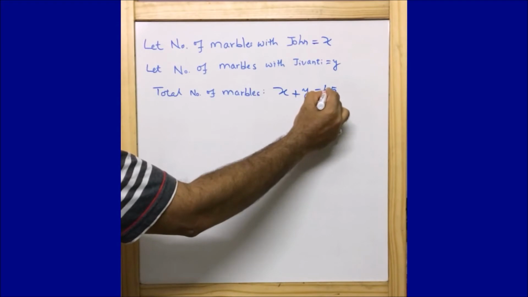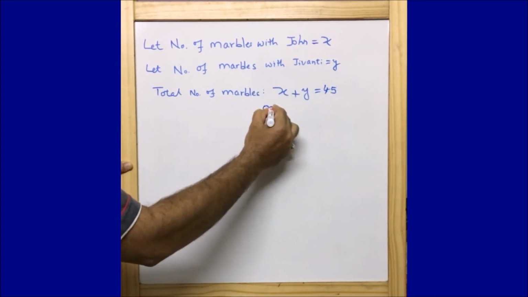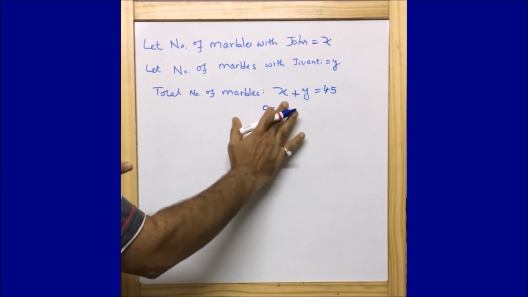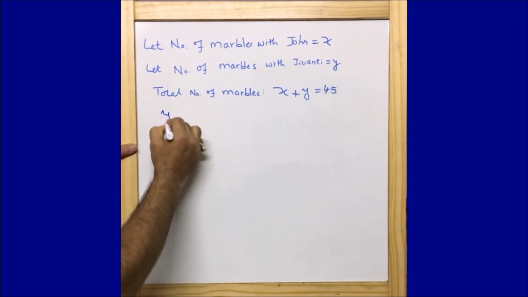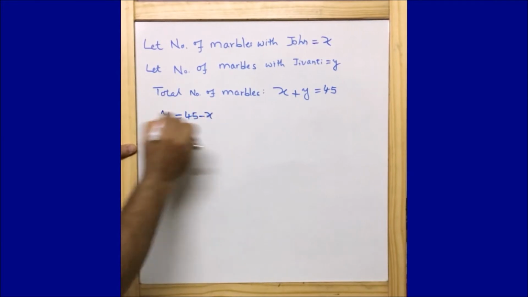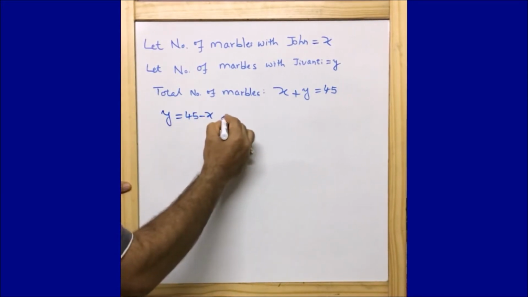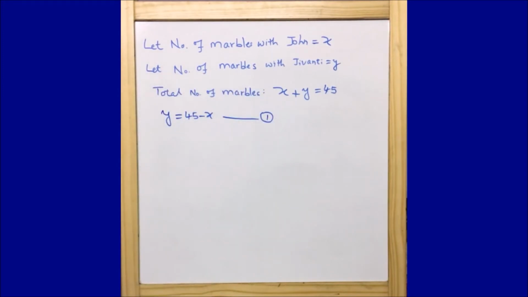This is one equation we are getting, or I can write Y is equal to 45 minus X. I believe till here it is pretty clear, and let us name this equation number 1.